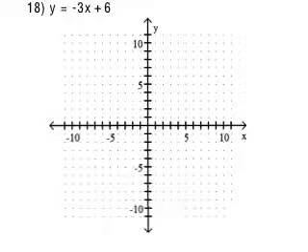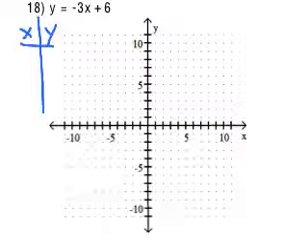Okay, number 18, y equals negative 3x plus 6. We're going to start with the first method we learned, making the table. X, y, table over here.